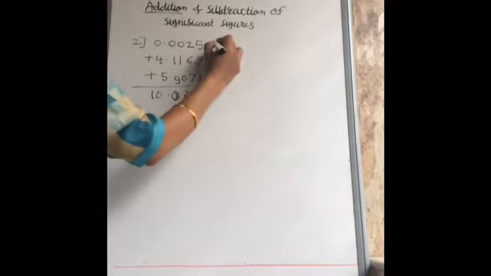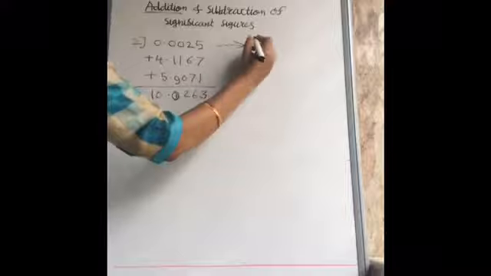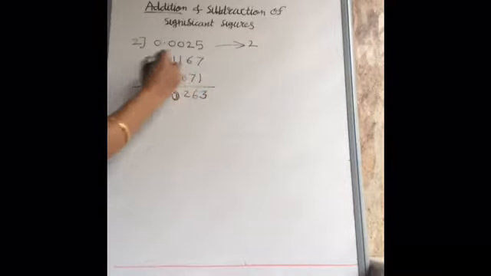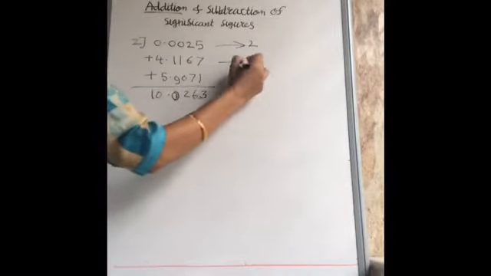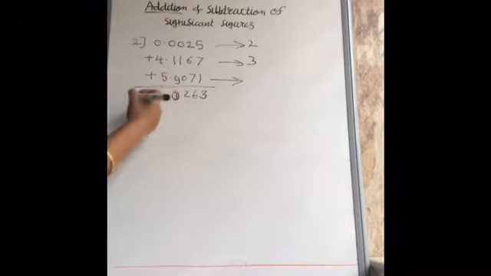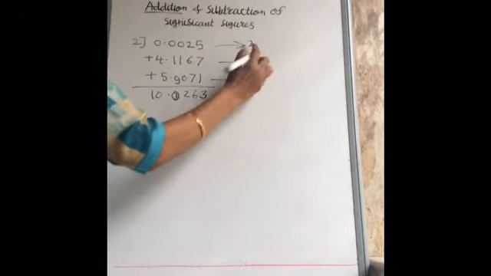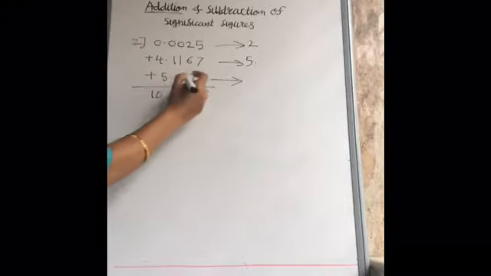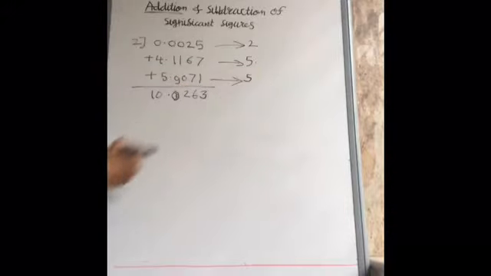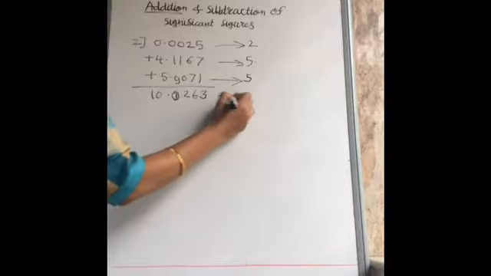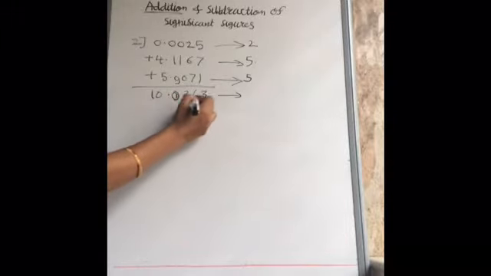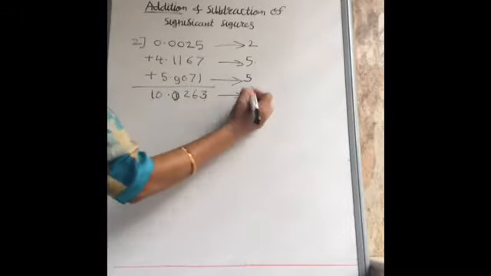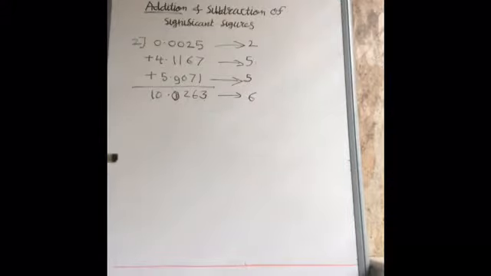If you count, the first has 2 significant figures, the second has 5 significant figures, the third again has 5 significant figures, and your answer has 6 significant figures.